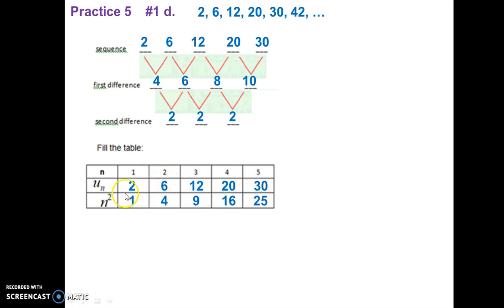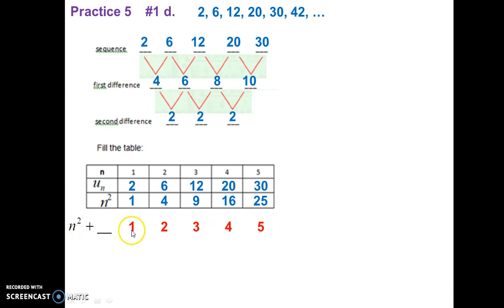So we compare. What has happened to n squared to make it a 2? So we have n squared plus what number changes it to 2? Well, in this case, we're going to add 1. And here we have n squared, and now we're changing it to a 6. So n squared plus 2. Here we have n squared is 9. Plus 3 will make it 12. Here we have 16 plus 4. And here plus 5.